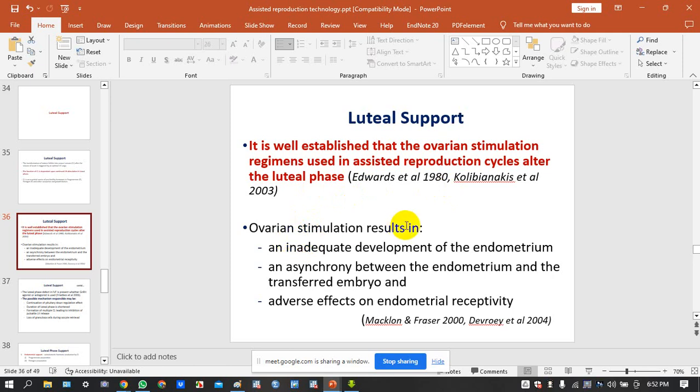Ovarian stimulation will result in inadequate development of the endometrium and asynchrony between the endometrium and the transferred embryo, an adverse effect on endometrial receptivity. So the endometrium is not able to receive the blastocyst or embryo well, and it becomes difficult for the embryo to grow.